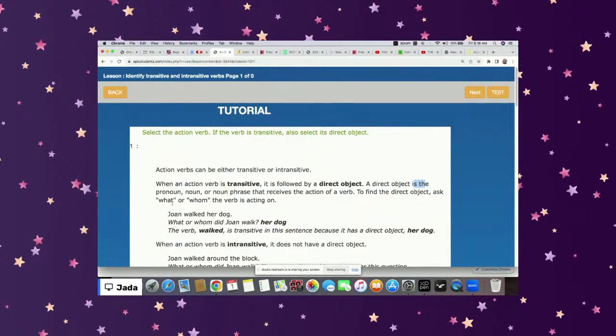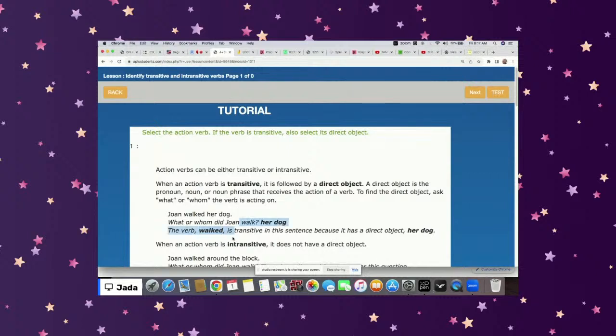Joanne walked her dog. What or whom did Joanne walk? Her dog. The verb here is walked. It is transitive in this sentence because it has a direct object, her dog. So the object here is her dog and the verb is walked. Okay.